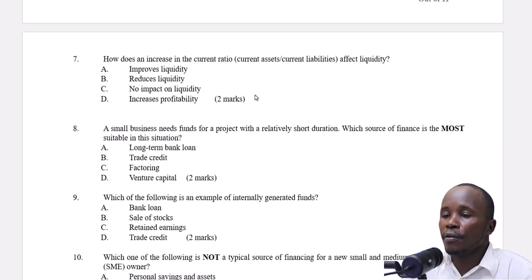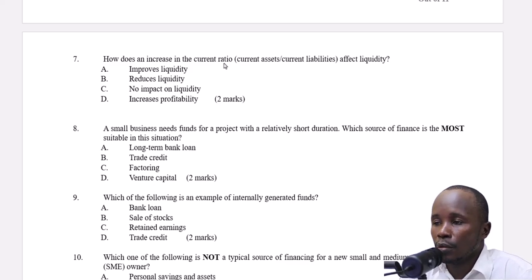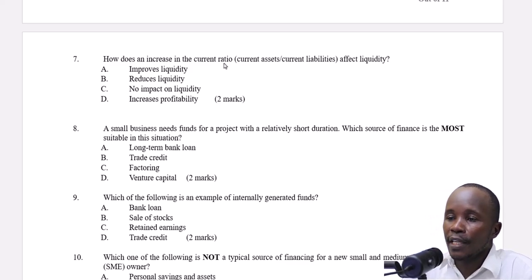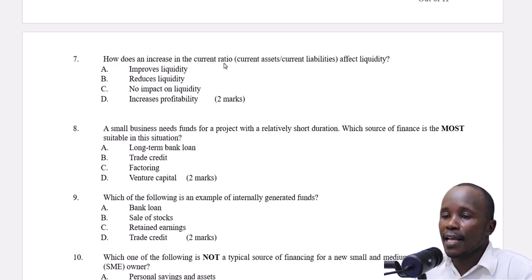It therefore means when you have an increase in current ratio, the recommended current ratio is 2. But when it is higher, what does it show? It shows that you are able to pay your current liabilities and you are still left with so many assets to continue your business. It therefore means when there is a higher current ratio, it improves liquidity.